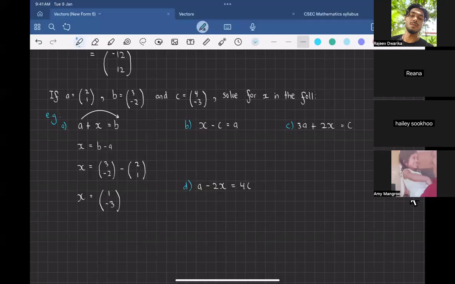Alright, so I'm going to say this now. There isn't really such a thing as vector division. It's not something we typically see. So when I'm writing that, don't write divide by 2. Instead, put multiply by a half.